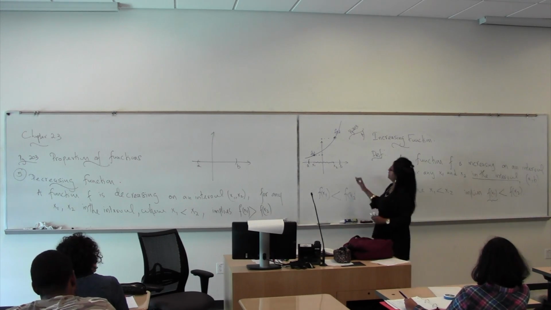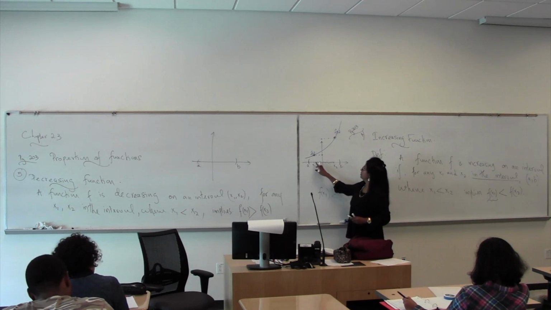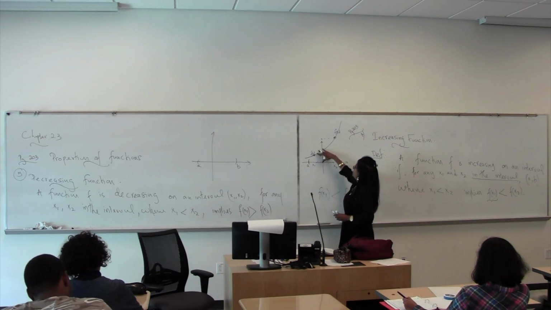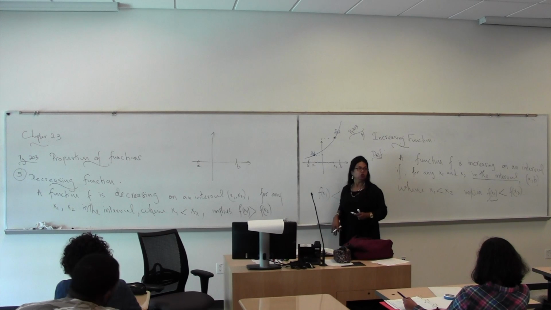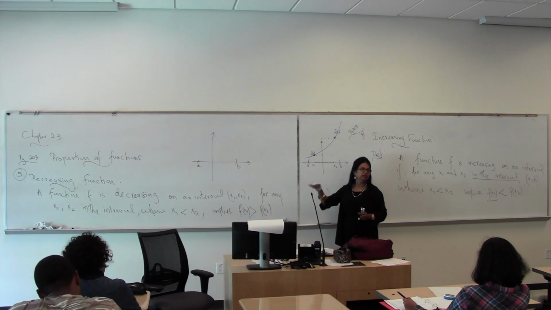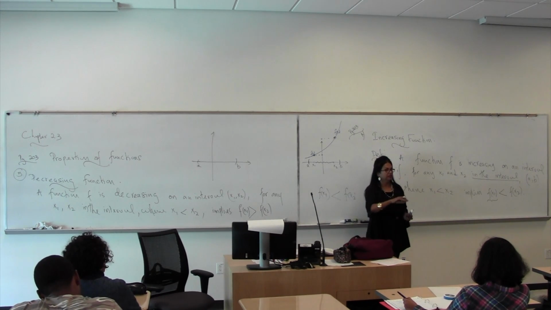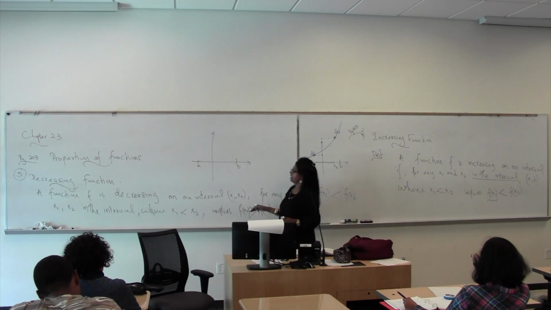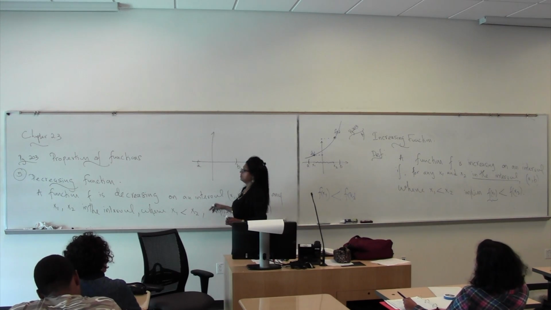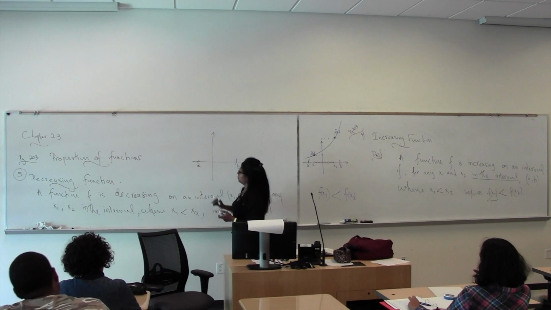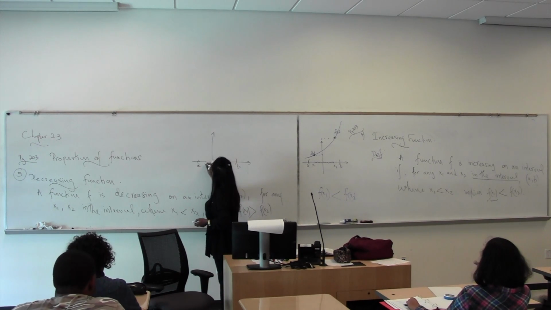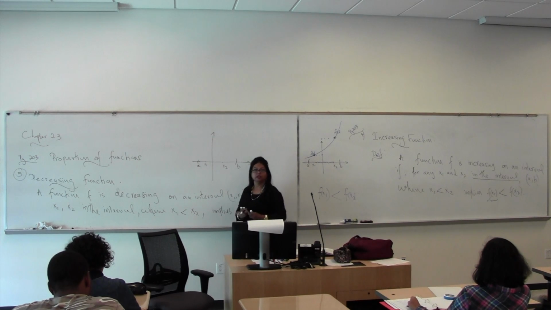So any open interval AB, and x1 and x2 inside that interval where x1 and x2 are increasing values, right? x1 is less than x2 in that open interval. So I have to pick what? The x1 value here and the x2 value here.